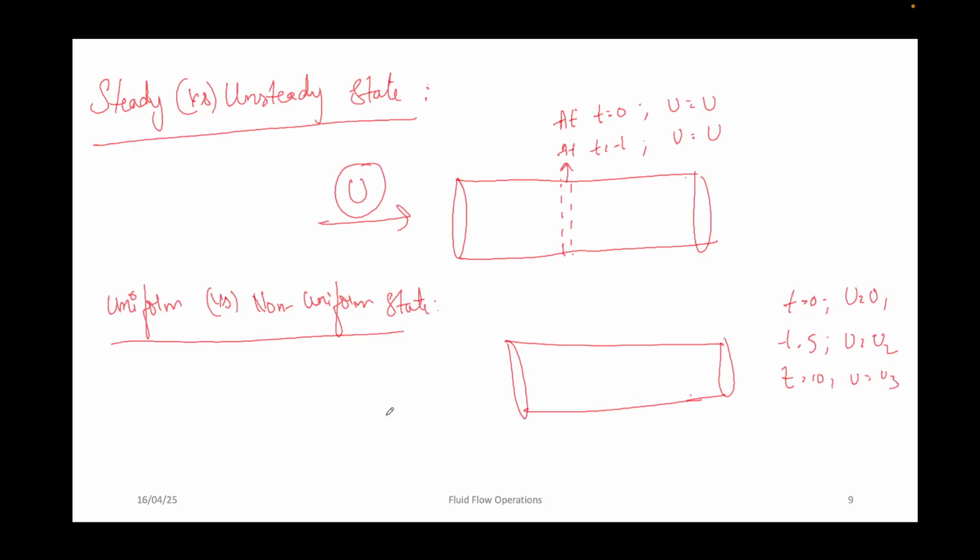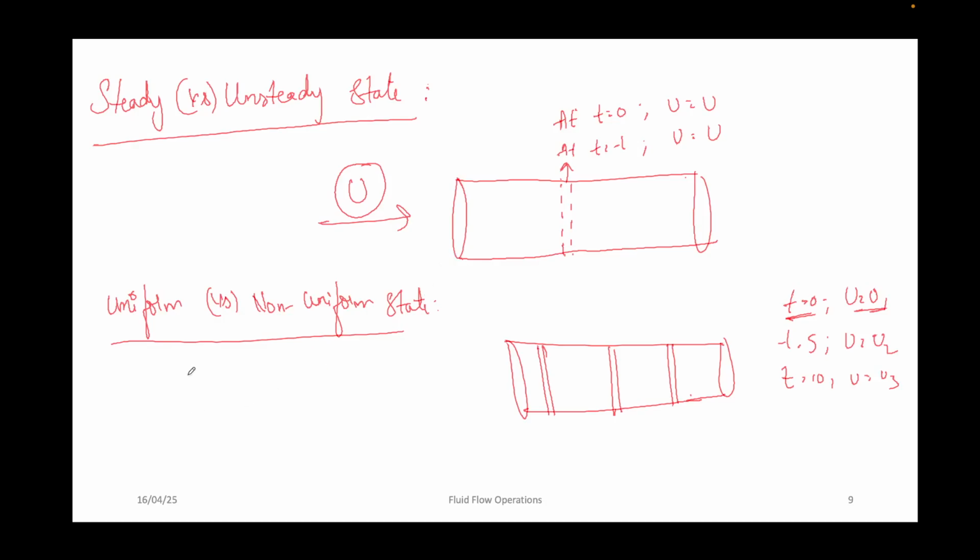But if this u1 at t equal to 0 is maintained across all the sections, throughout the entire fluid, then you can consider it to be a uniform flow. The property or characteristics of the fluid should be the same across the fluid, it should not be changing. So if the property is the same across the fluid, then you can consider it to be uniform.